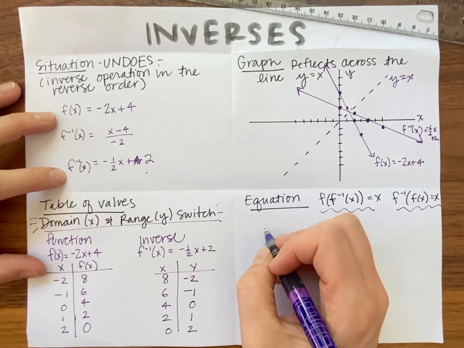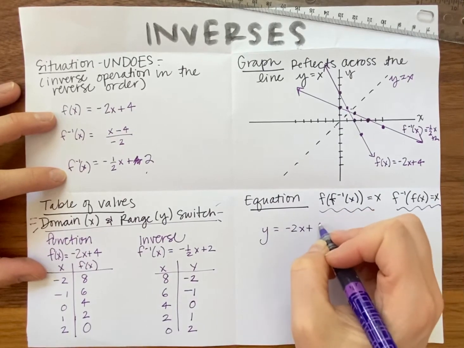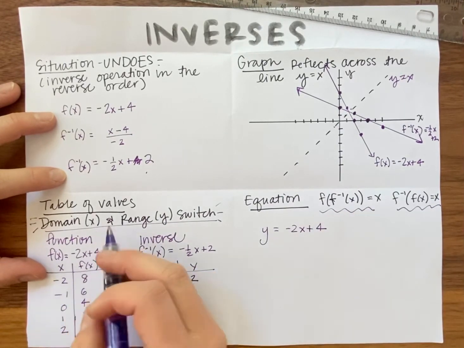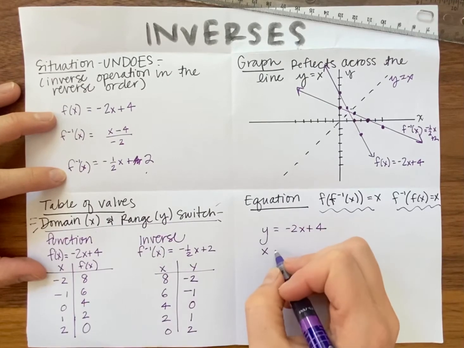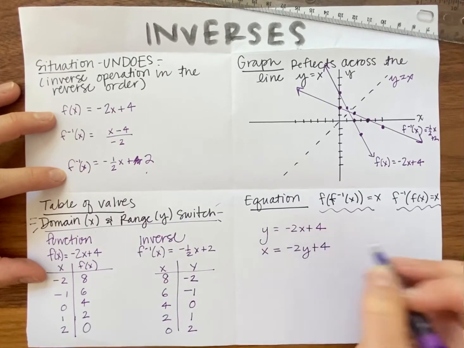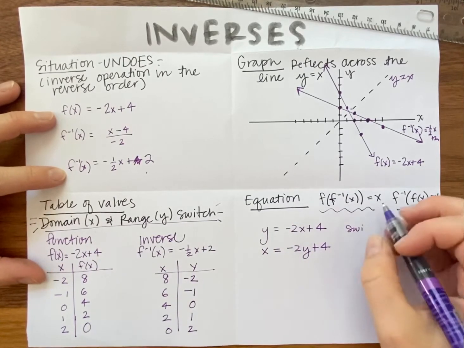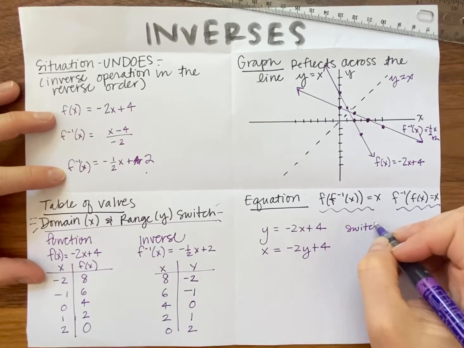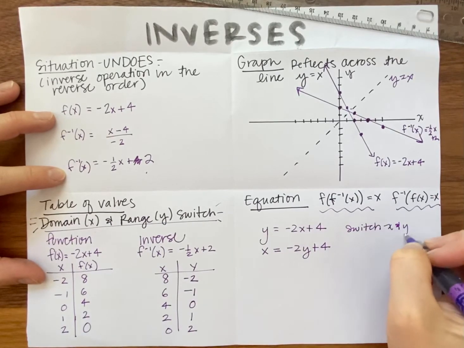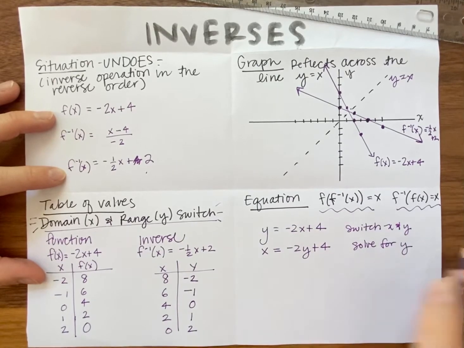If I start with y equals negative 2x plus 4, now I can switch my domain and range, so let me try switching my x and y. x equals negative 2y plus 4. If I then solve for y, watch what happens.